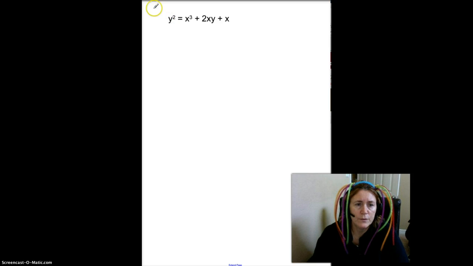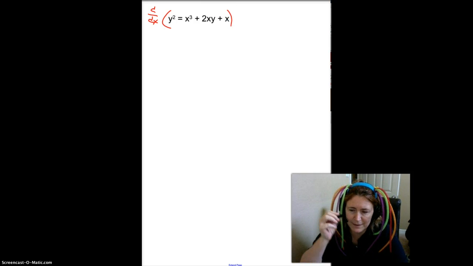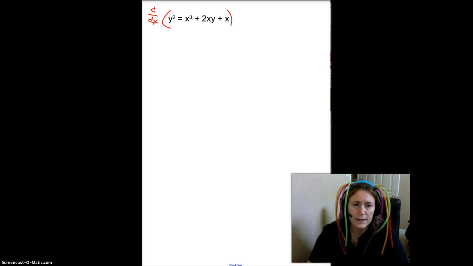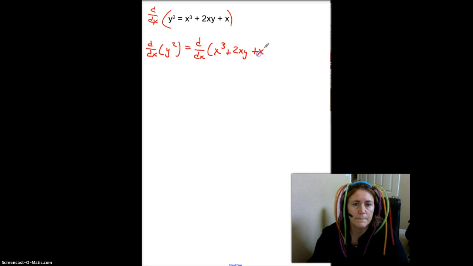So I'm going to take the derivative, and this is what I tend to do. I do it to the entire equation, so I'm reminding myself I have to do the entire equation. I can't just pick the half I wanted to pick. So this is d dx of y squared and d dx of x cubed plus 2xy plus x.